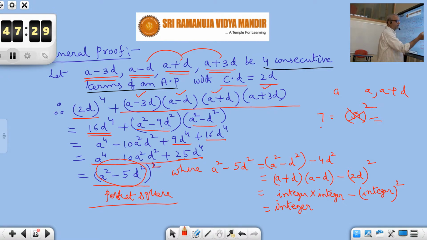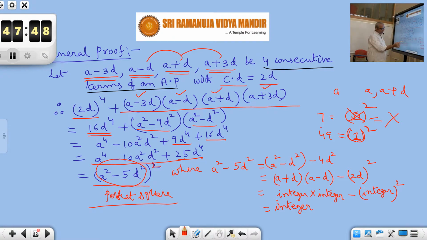Is 7 a perfect square? No. So 49 is a perfect square, 7 square. So inside the square there must be an integer. It should not be irrational like root 7 or a fraction. So the proof is not complete.